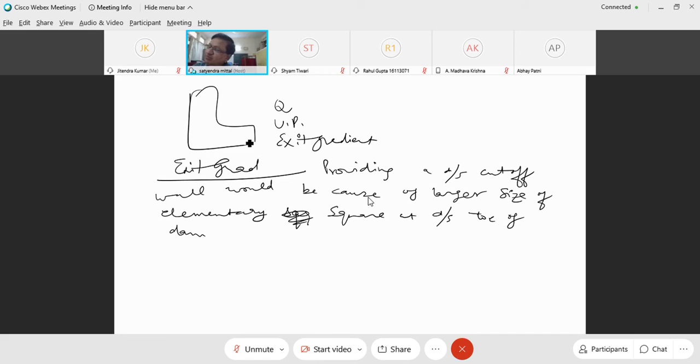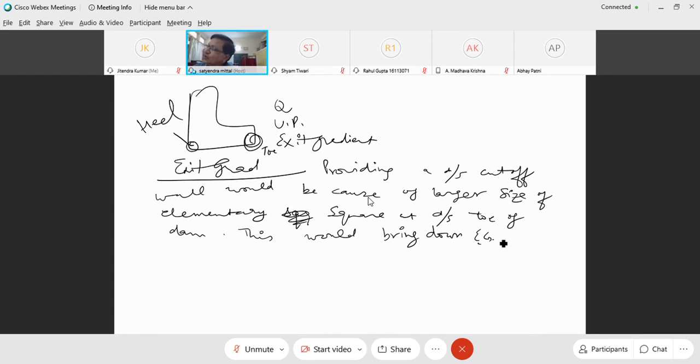This is called the toe, and this is called the heel of the dam. So at the downstream toe of the dam, this would bring down the exit gradient.